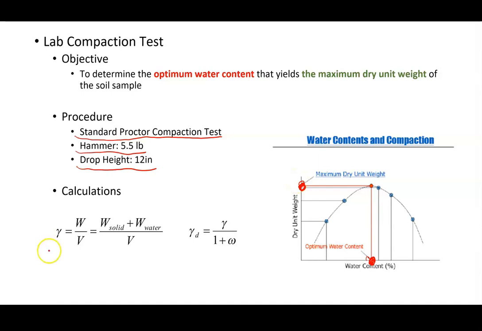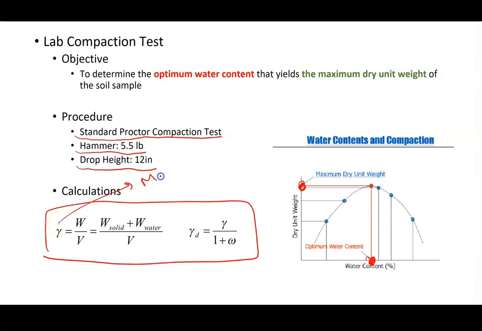The important formulas for compaction are these two. So this is moist unit weight of soil. We have total weight of soil divided by total volume of soil.